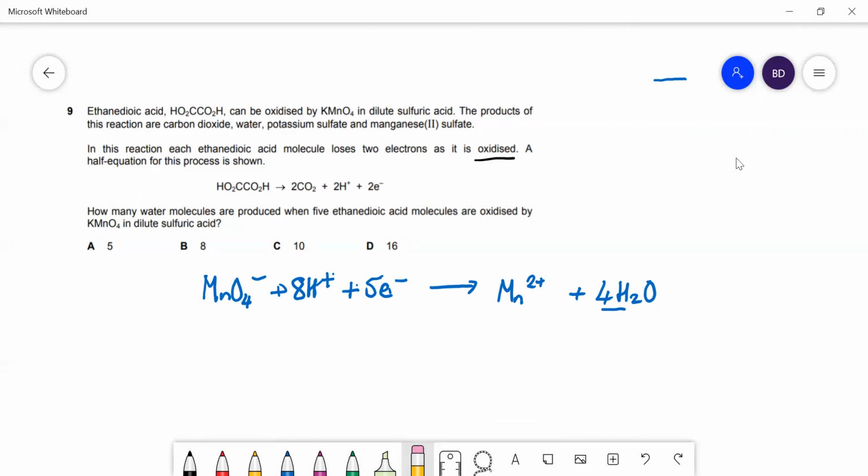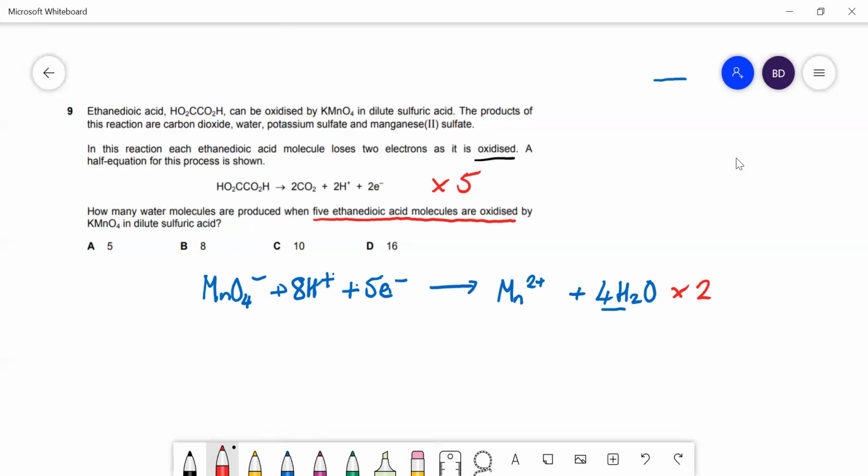Okay, so now we've got that half equation. When this reaction occurs, we don't worry about the sulfate ions, the spectator ions. Because this is 2 electrons, we've got to multiply this by 5 and multiply this one by 2. Okay, so how many water molecules are produced when 5 moles of ethane dioic acid are oxidized?